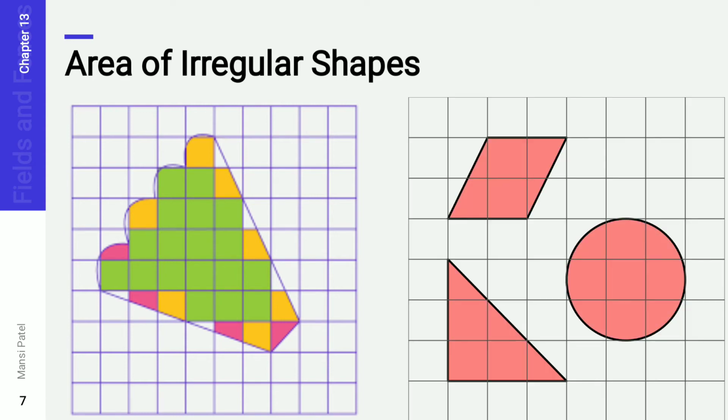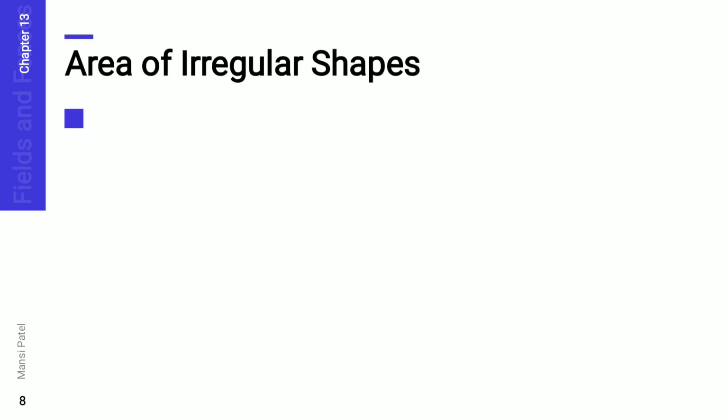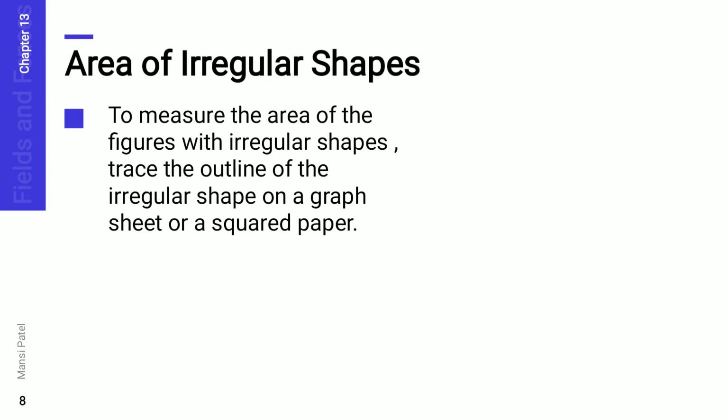There are some rules to find out the area of this type of irregular shape. So we want to follow some rules. Which are those rules?